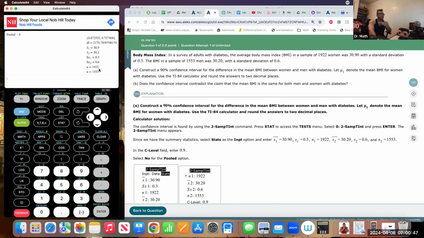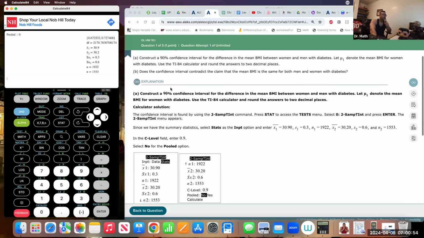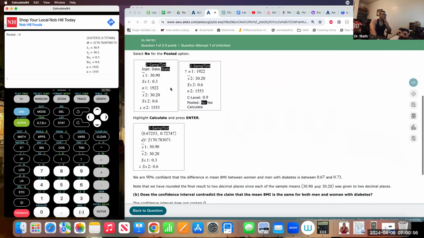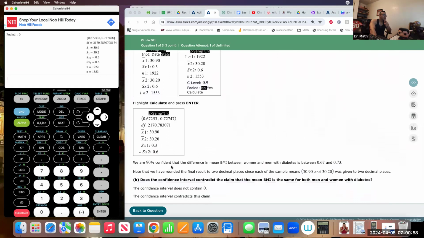All right, and what it gives us is the lower and the upper range. So what this tells us is that we are 90% confident that the difference in what? Well, we are looking at the mean difference in BMIs between women and men with diabetes.